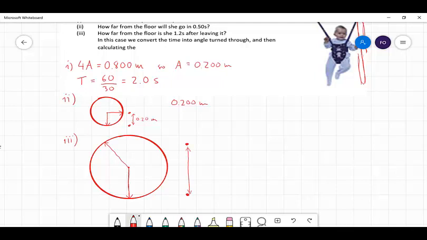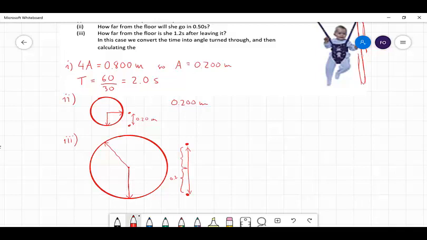Okay, so if we look at this diagram here, we know that the bottom part of this distance is 0.2. We then need to figure out how much we need to add to that to figure out how far she is from the floor.